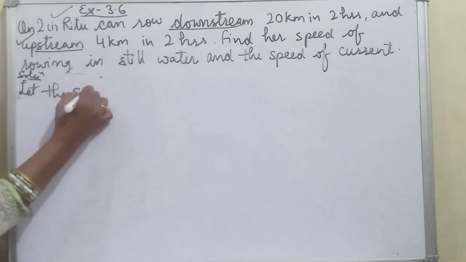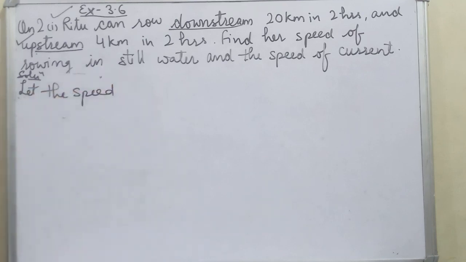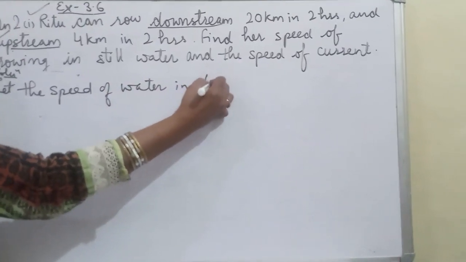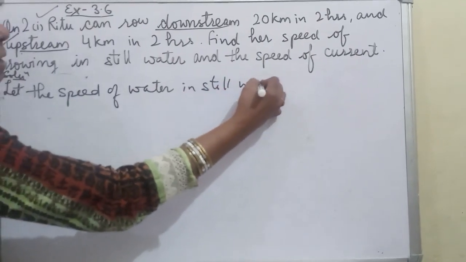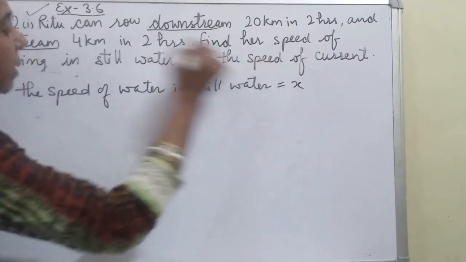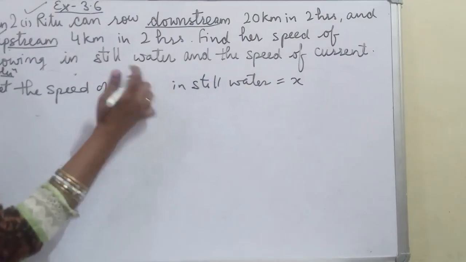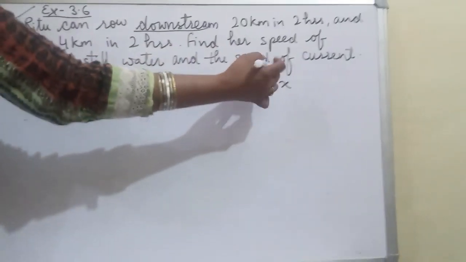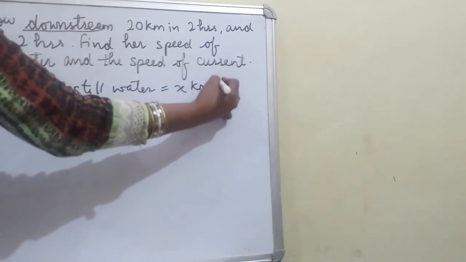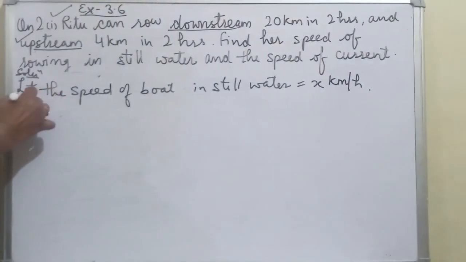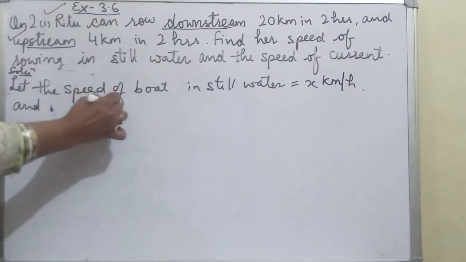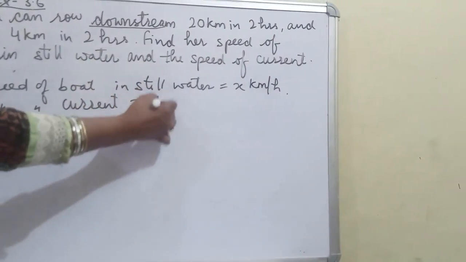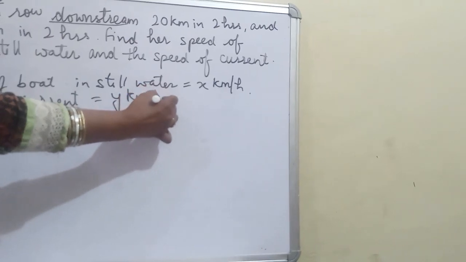Let the speed of the boat in still water be x kilometer per hour, and the speed of the current be y kilometer per hour.